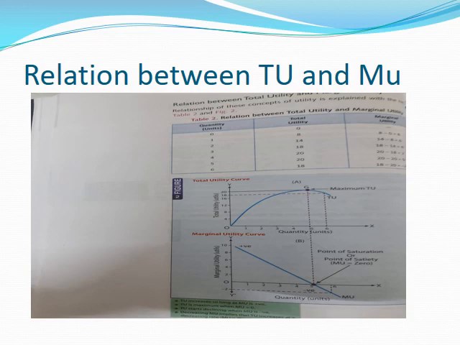By joining these points, we will get a total utility curve. After this, it is a double-story diagram. You draw, under the total utility curve, the marginal utility curve. The x-axis of both diagrams shall be the same. Look carefully, the units are taken at the same distance. Now for marginal utility, on the OY axis it is marginal utility, on the OX axis it is units consumed.